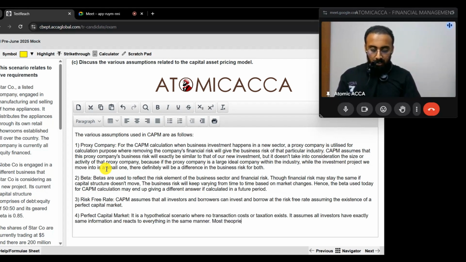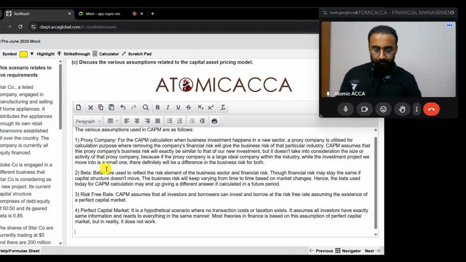Most theories in finance are based on this assumption of perfect capital market, but in reality it does not work. Cool.